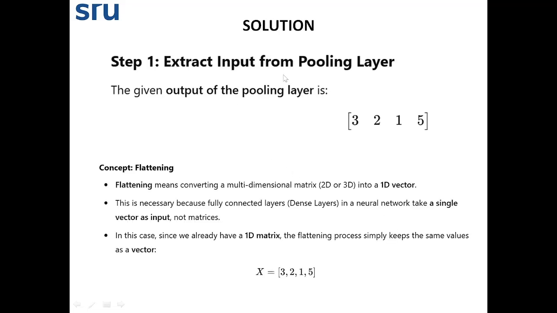Extract the input from the pooling layer: the given output of the pooling layer is 3215. Concept: flattening means converting a multidimensional matrix, 2D or 3D, into a 1D vector. This is necessary because a fully connected layer, or dense layer, in neural networks takes a single vector as input, not a matrix. In this case, since we already have a 1D matrix, the flattening process simply keeps the same values as a vector, this one.